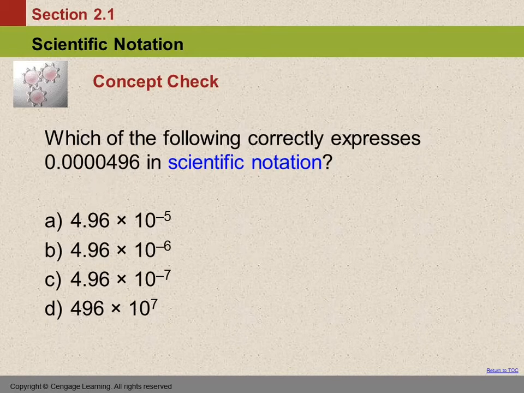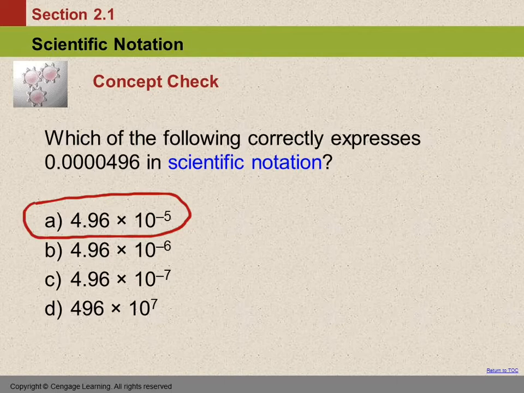So the exponent must be 5, right? So we can say, well, there's only one with an exponent of 5. Must be that one. And then let's just check. Okay, it's a negative 5, and that's correct because this is a small number, it's less than 1. And the decimal point's in the right place, it's 4.96, not 496 like it is at the bottom. Any questions?